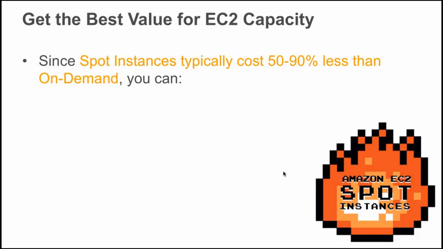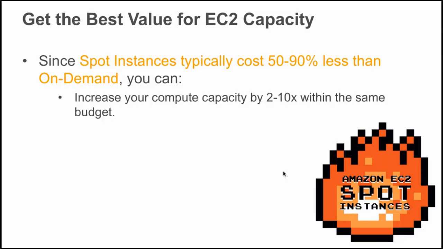Right, so EC2 Spot instances really yield the best capacity for the price, right? If you consider using Spot instances, one thing it unlocks is the ability to use 2 to 10 times compute capacity for the same budget.